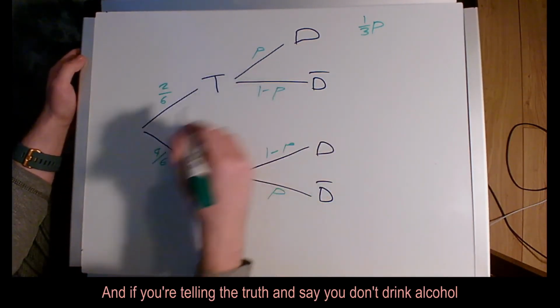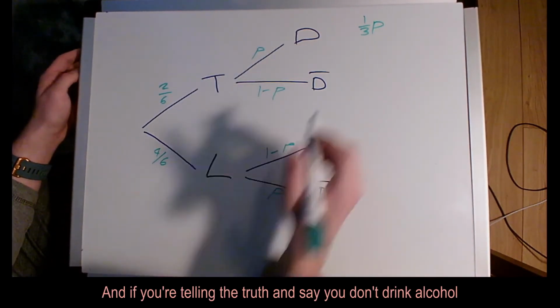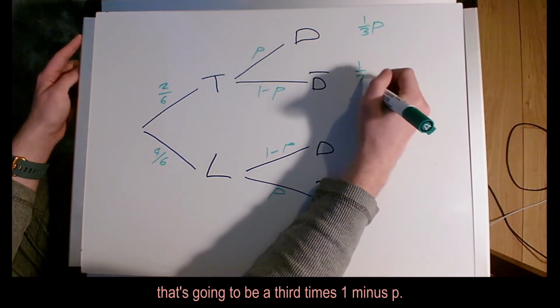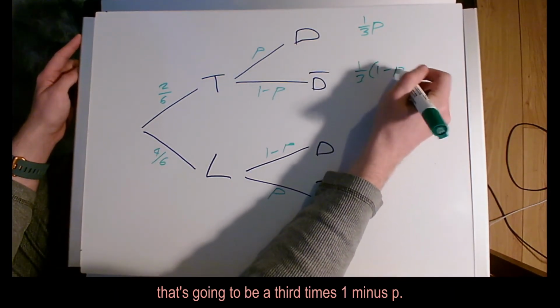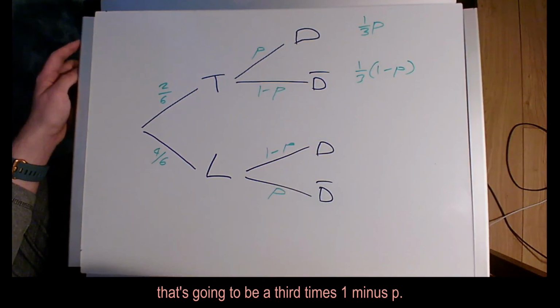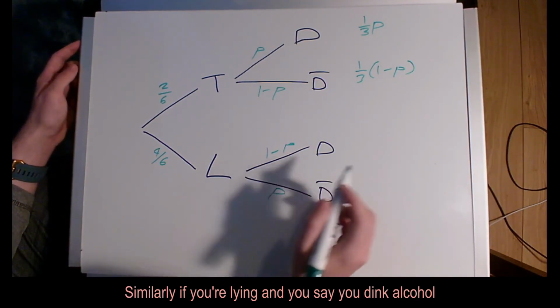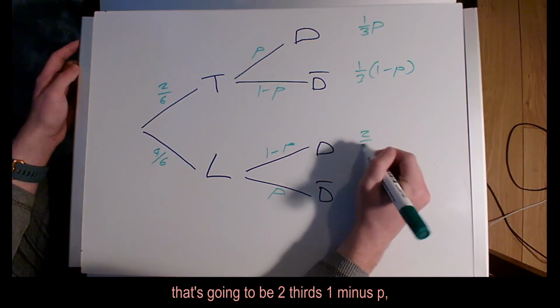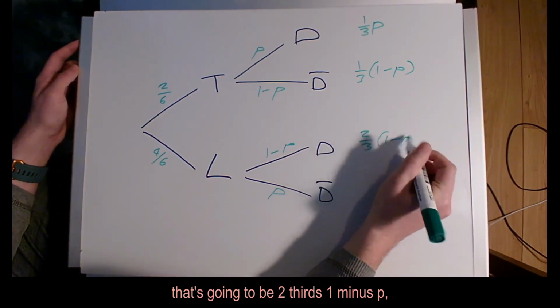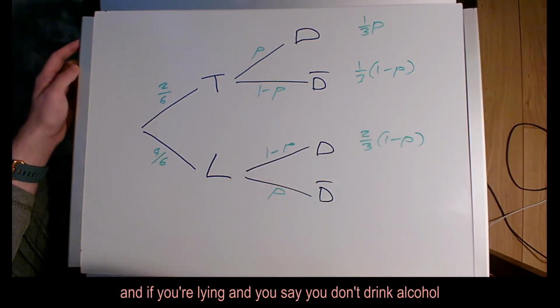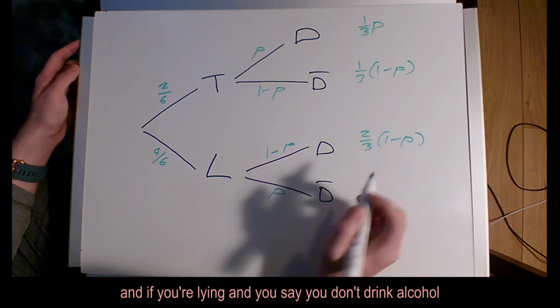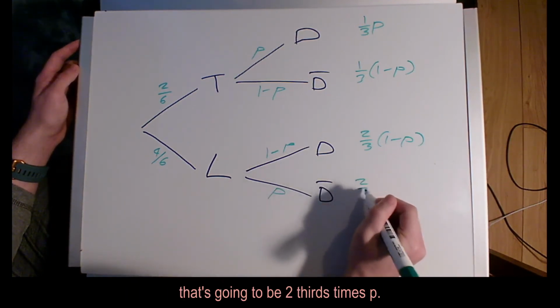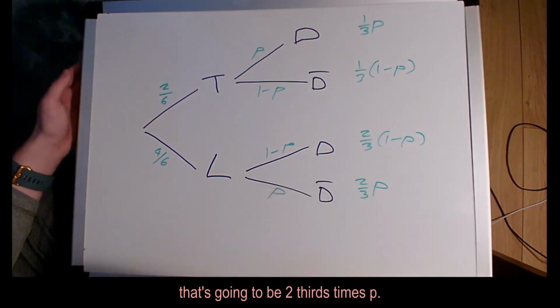If you're telling the truth and saying you don't drink alcohol, that's a third times 1 minus P. Similarly, if you're lying and you say you drink alcohol, that's 2/3 times 1 minus P. And if you're lying and you say you don't drink alcohol, that will be 2/3 times P.